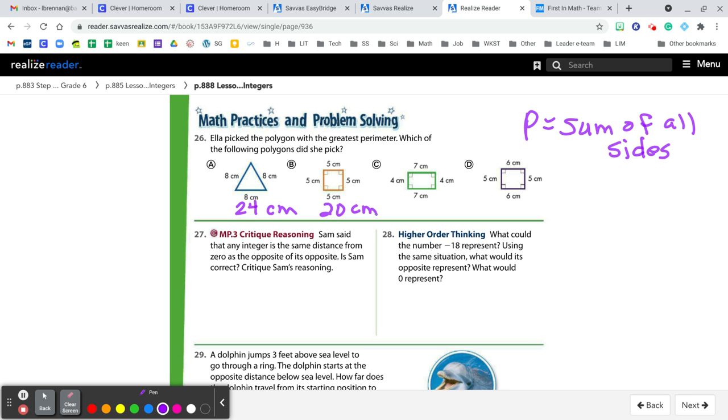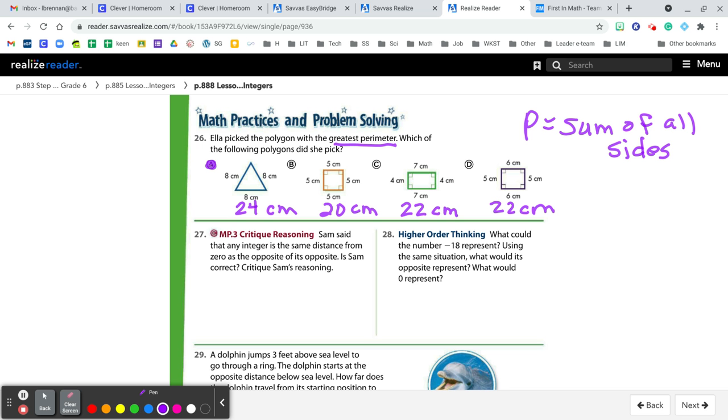The perimeter for C, 7 plus 7 is 14, and 4 plus 4 is 8. So the perimeter is 22 centimeters. And for letter D, 6 plus 6 is 12, 5 plus 5 is 10, 22 centimeters. So the greatest perimeter is going to be A on that one.